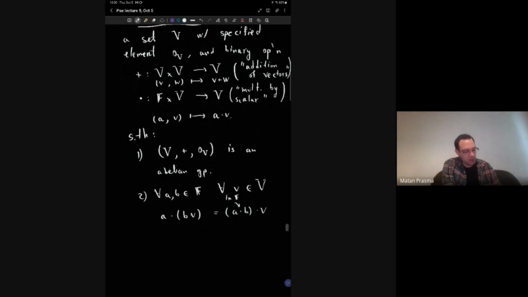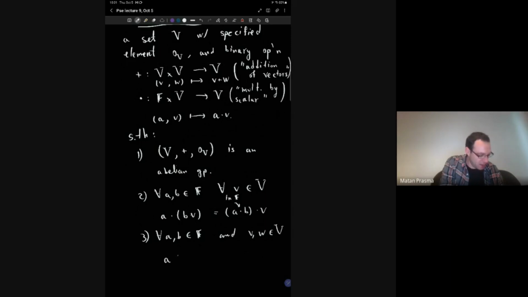Okay, so this is associativity of multiplication by a scalar, and the third axiom is compatibility between addition of vectors and multiplication by a scalar. Namely, we want distributivity. So for any a, b in F, and v, w in V, I can do two things, right?